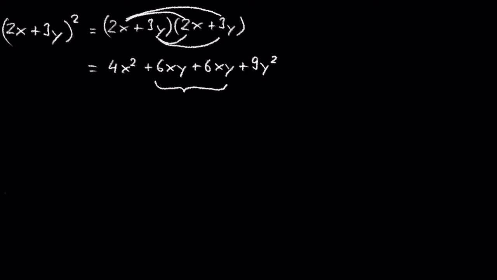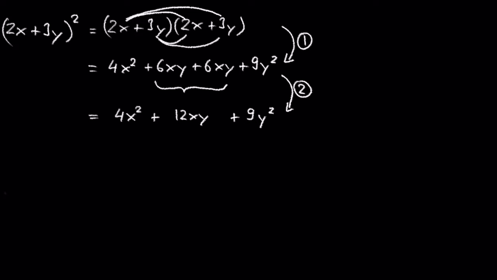6xy plus 6xy is 12xy. So we get 4x squared plus 12xy plus 9y squared. We needed 2 steps to multiply this out. What did we do here exactly?